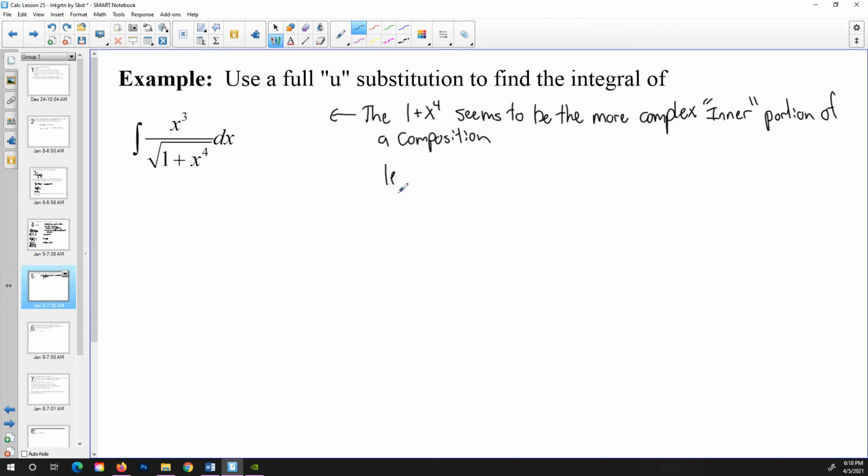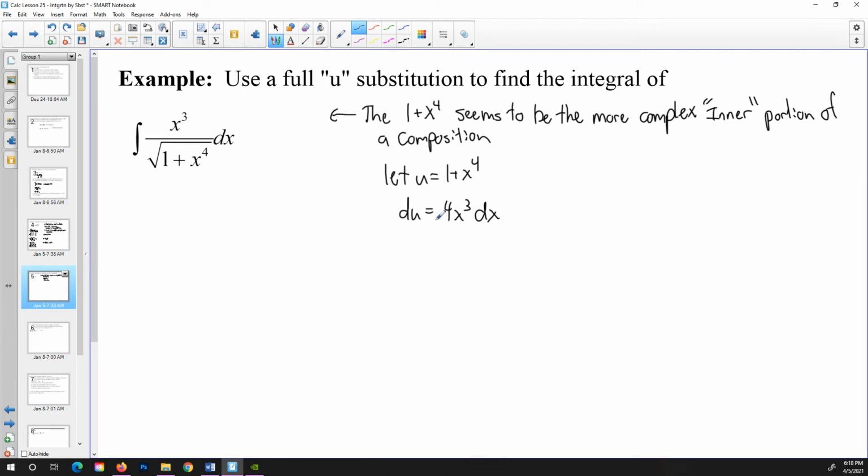So I'm going to let u equal 1 plus x to the 4th, then du is going to equal, well, the derivative of a constant is 0, and I'll have 4x to the third, and then I'll have my dx.